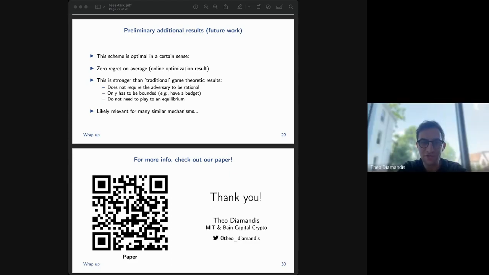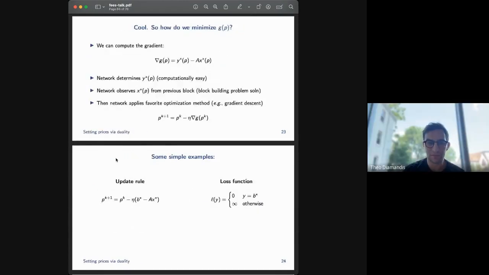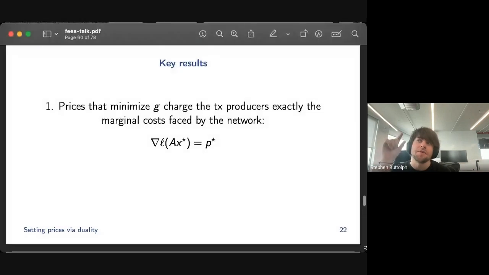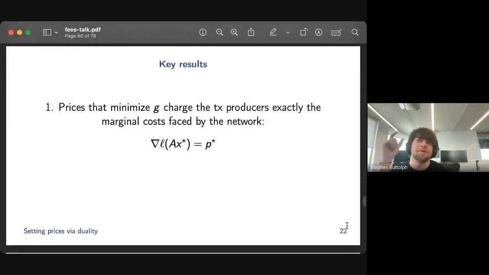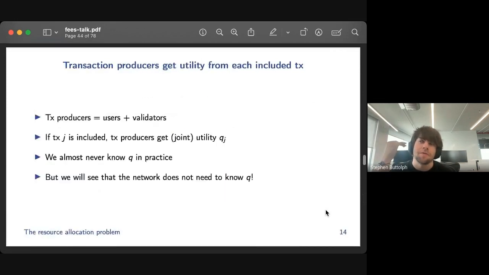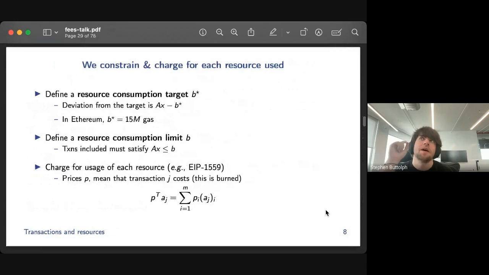I'm not familiar with exactly what you're referring to. I can give an example. Sure. Right now with EIP 1559, you have burned fees for the base fee, and then you have the tip. The miners are incentivized to stuff the block with whatever gives them the most money, so they don't necessarily care about the base fee; they just care about the tip.